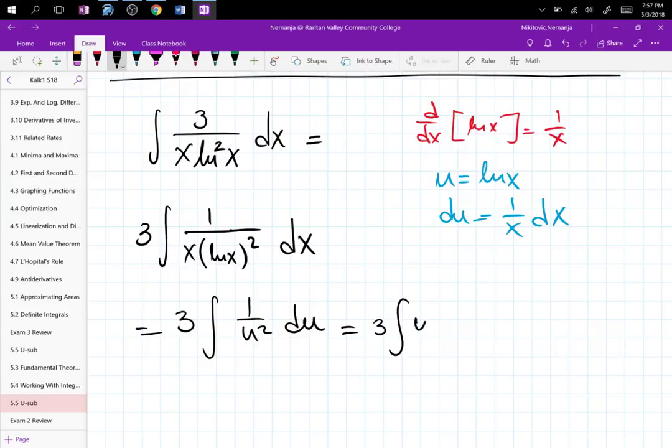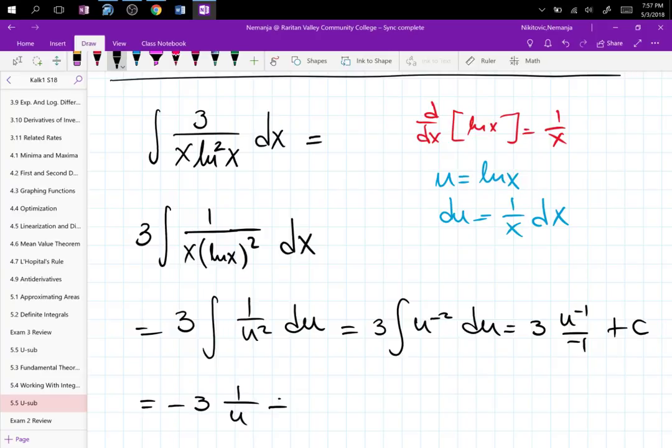This is 3 times the integral of u to the minus 2 du, which is 3 times u to the minus 1 over minus 1 plus c. That's negative 3 times 1 over u plus c, because u to the minus 1 goes in denominator. And finally, since u was ln x, you can just say negative 3 over ln x plus c.